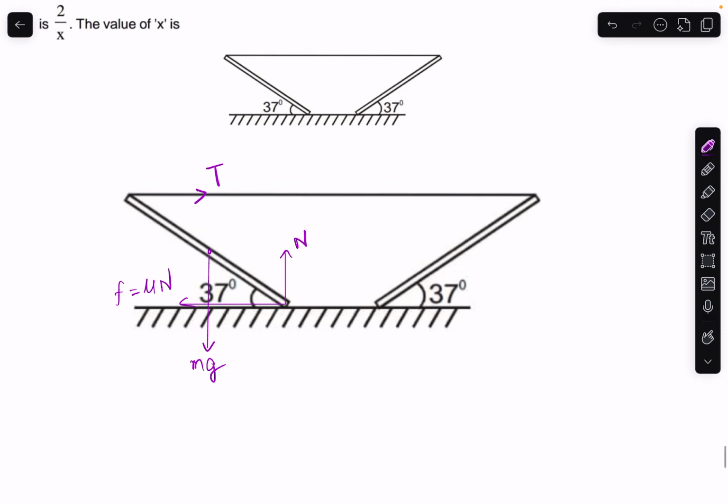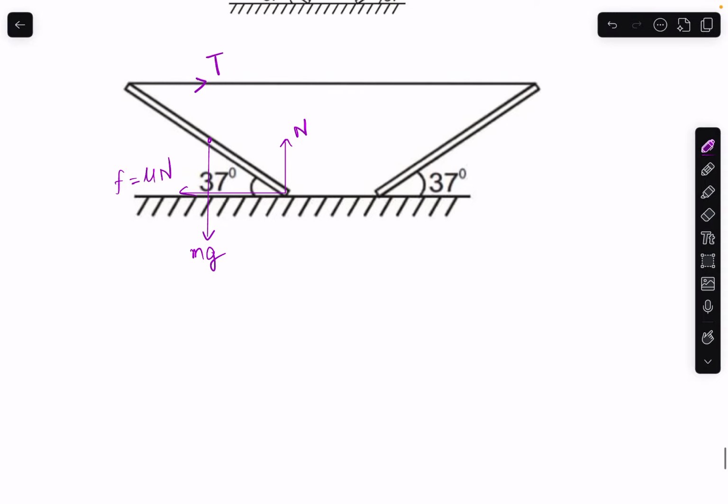So we will proceed by translational equilibrium as well as rotational equilibrium. For translational equilibrium, for vertical equilibrium, we must have normal reaction equal to mg.